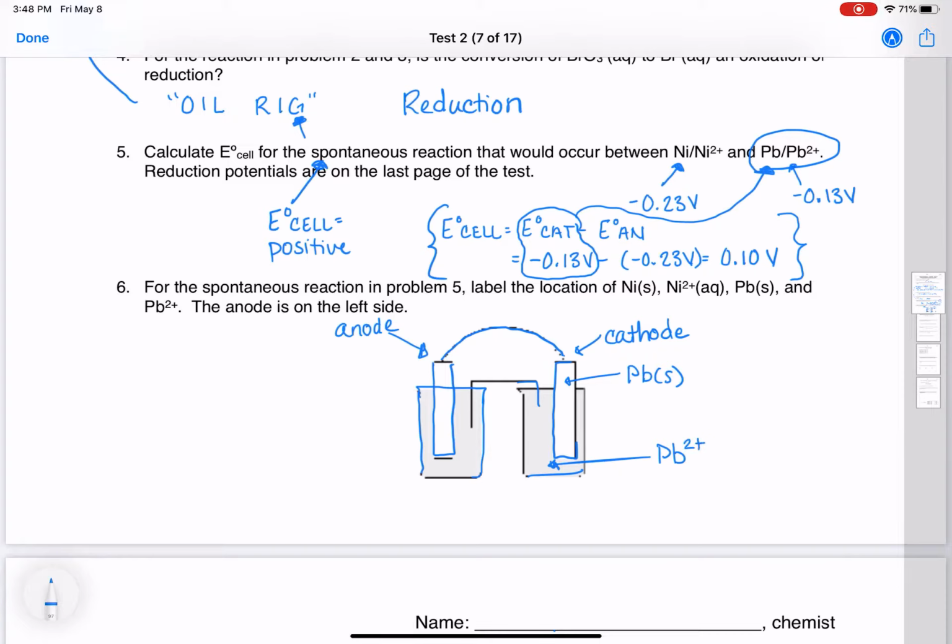So the solution is going to contain lead as well. And then that means by process of elimination that our anode needs to be nickel. And again, we're matching the material of the anode and the component of the solution. So that's going to be a nickel ion solution.